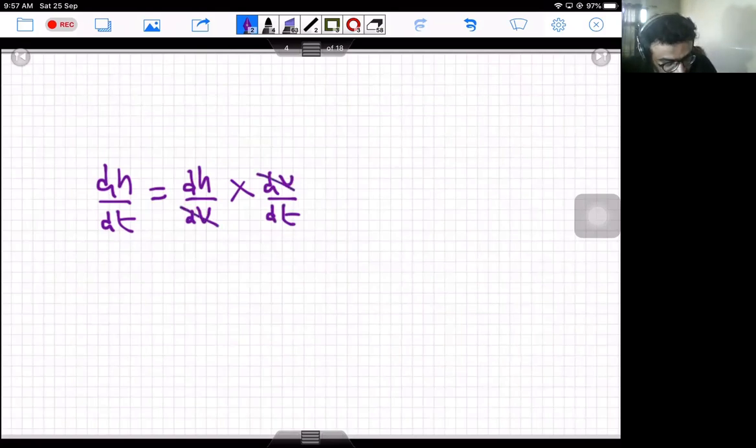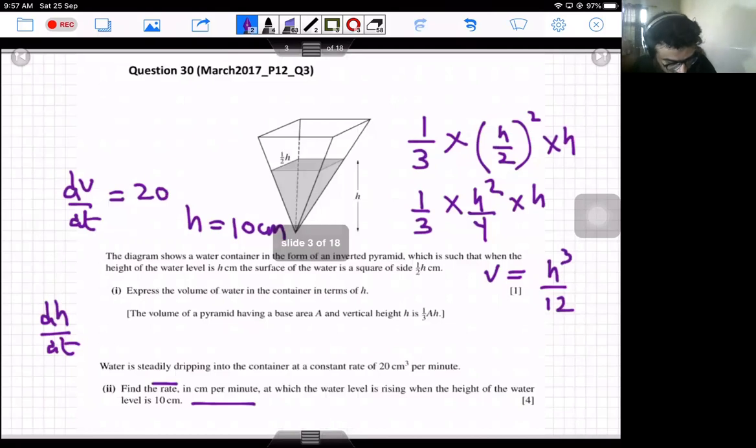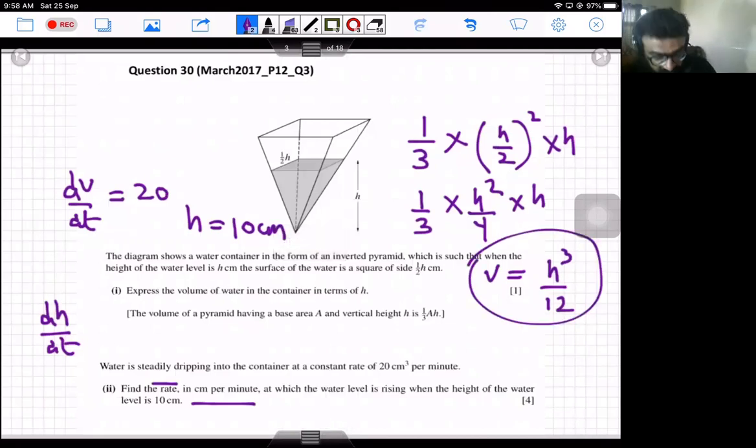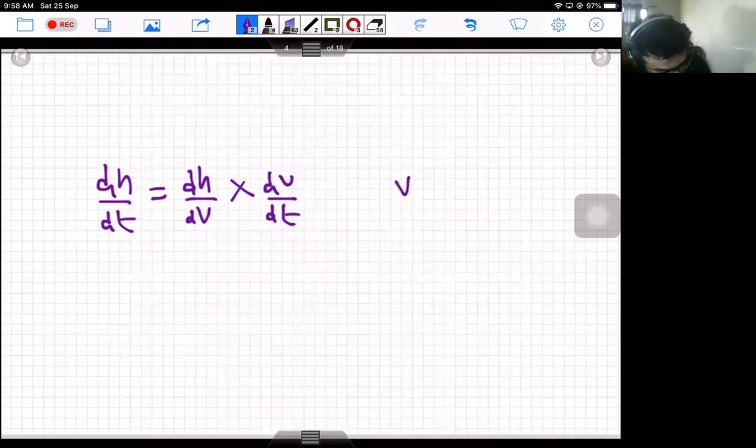So basically this dV and dV cancel out, and therefore you will get the value of dh over dt. But at which point? At h is equal to 10 centimeter. So first of all, we need to find dh over dV. What we know is that volume is equal to h cube over 12. Volume is 1 over 12 as a constant term, and then h raised to the power 3.